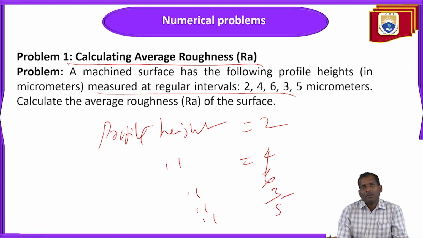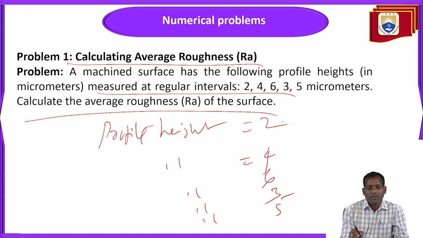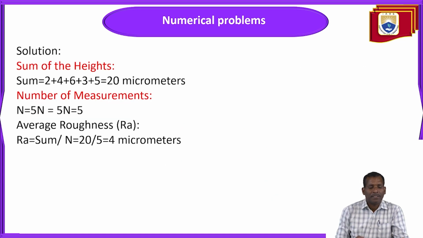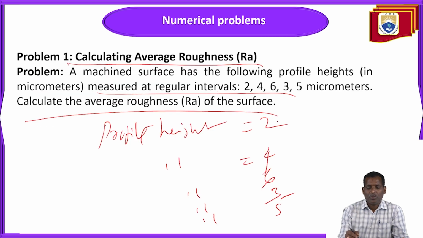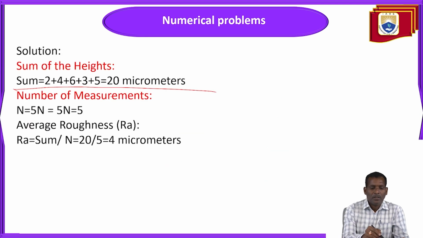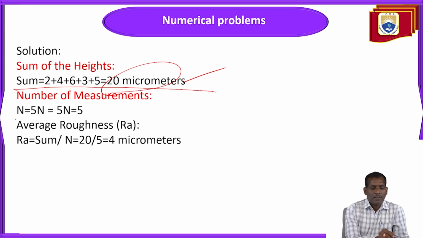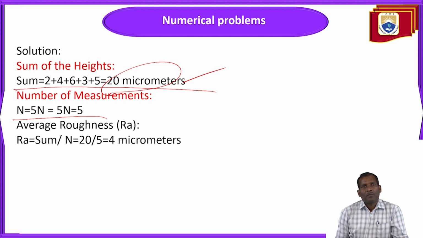So what is asked is to calculate the average roughness of the surface. First you take the sum of the heights. Total sum of the heights you calculate. So that is 2 plus 4 plus 6 plus 3 plus 5. So you will get 20 micrometers. The number of measurements n is equal to 5.